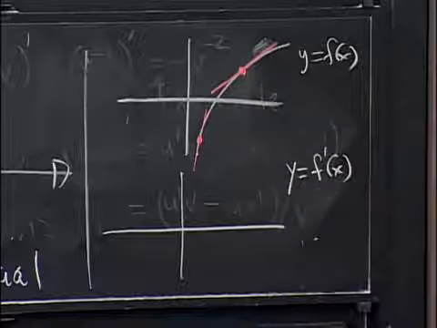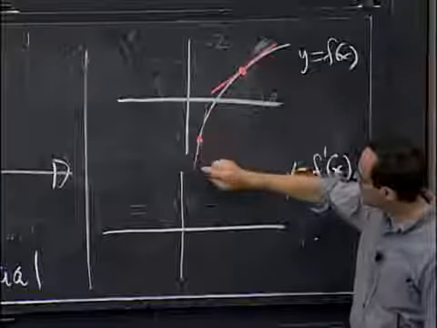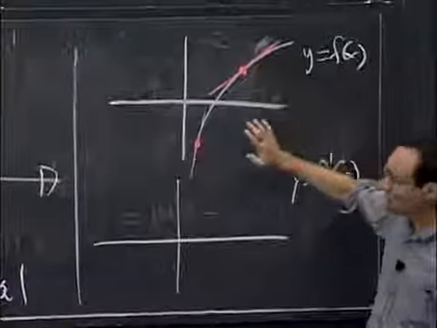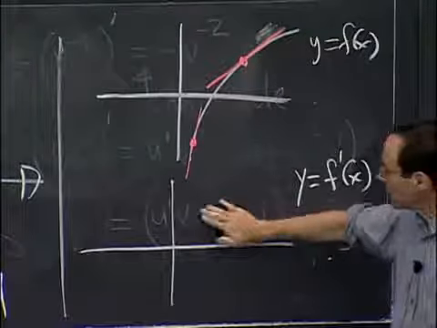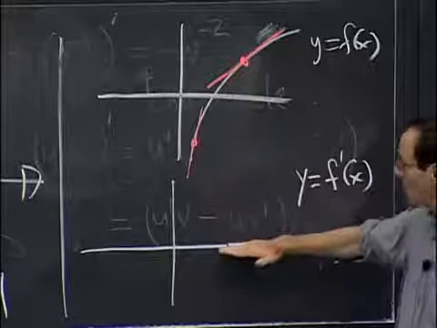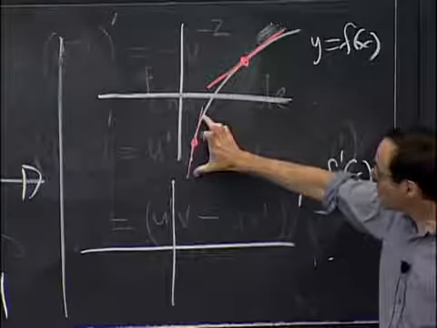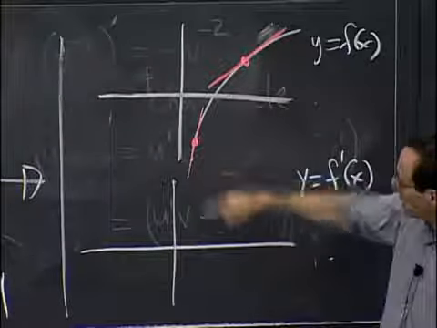Now, notice that the slopes of these tangent lines are all positive. So everything I draw down here is going to be above the x-axis. Furthermore, as I go further to the left, they get steeper and steeper, so they're getting higher and higher.